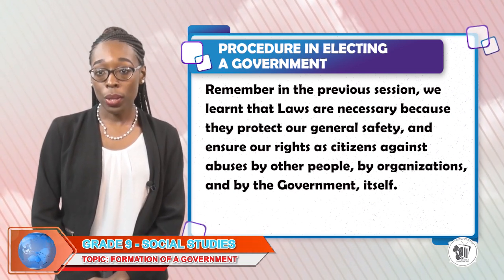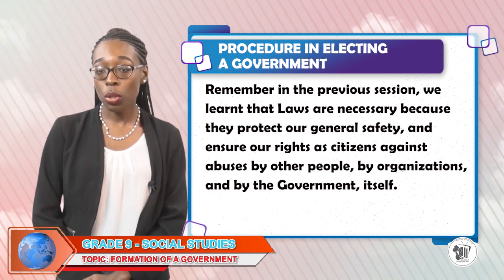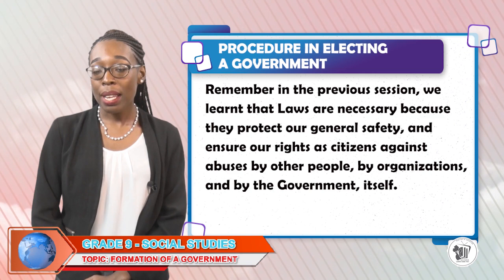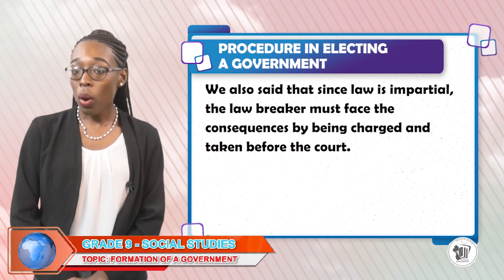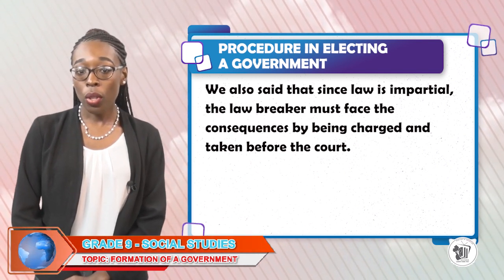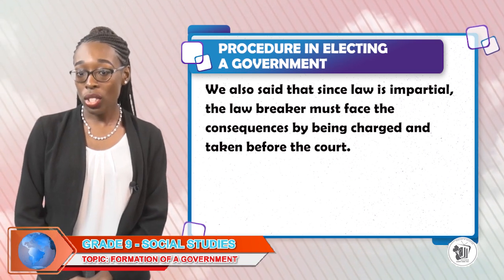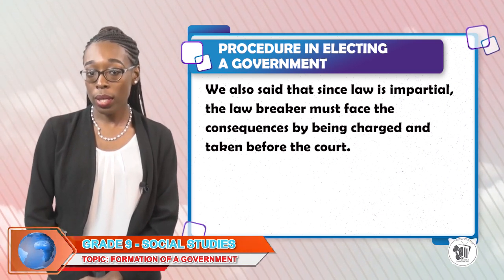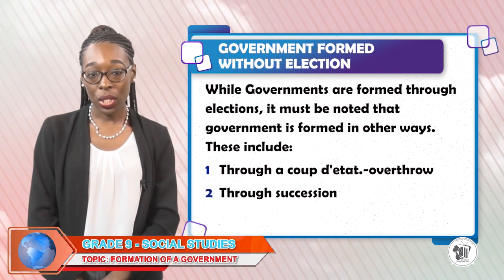So it is important that all individuals and bodies involved in the electoral process abide by the laws of the land. We also said that since law is impartial, the lawbreaker must face the consequences by being charged and taken before the court. We will now move on to government formed without election.